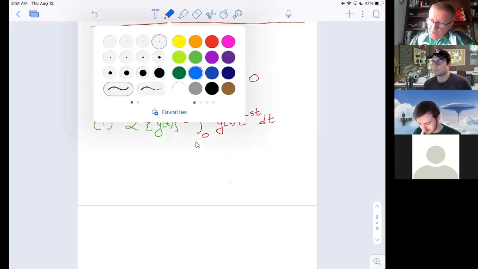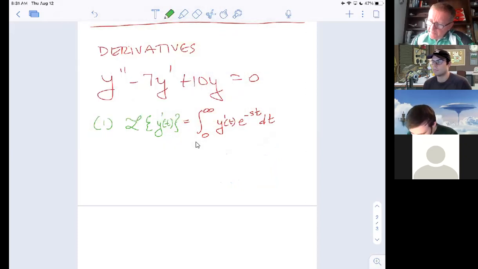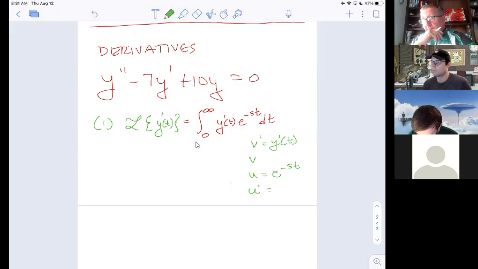What turns out to be the right choice, I'm going to write this out a little more carefully this time, is this is the v prime. Those are all of our ingredients, right? That's what it takes to write out integration by parts. So in this way, if this is v prime and this is y prime, then don't we have to take the integral of v prime to get v? So if I take the integral of that, don't I just get y of t?